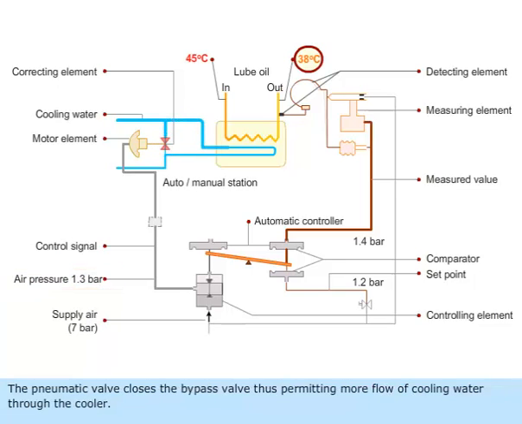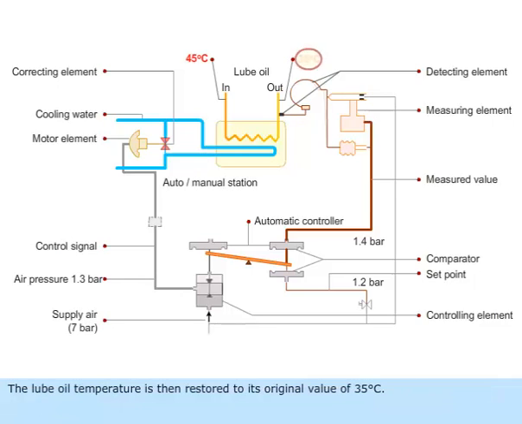The pneumatic valve closes the bypass valve, thus permitting more flow of cooling water through the cooler. The lube oil temperature is then restored to its original value of 35 degrees Celsius. Thus, you have learnt about the pneumatic control system.